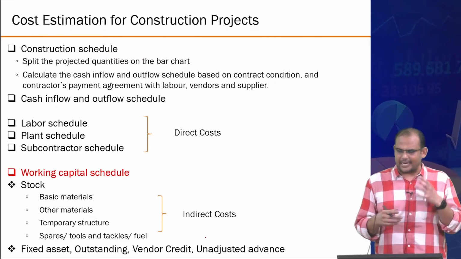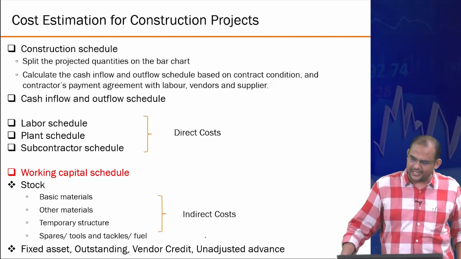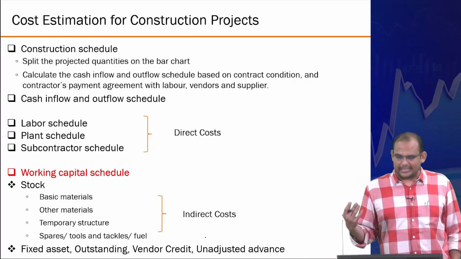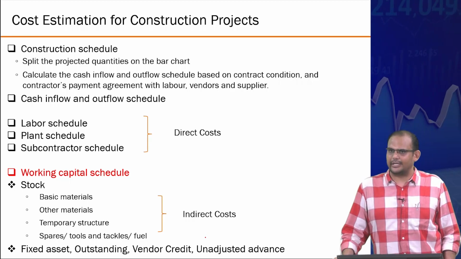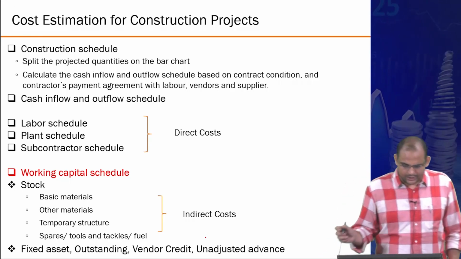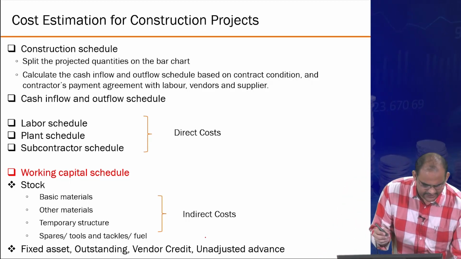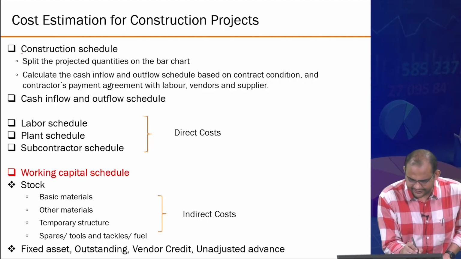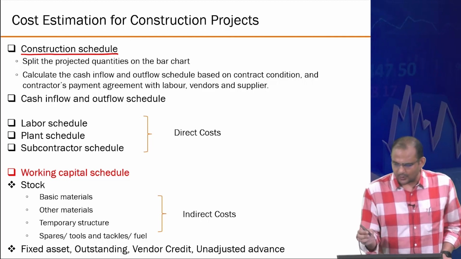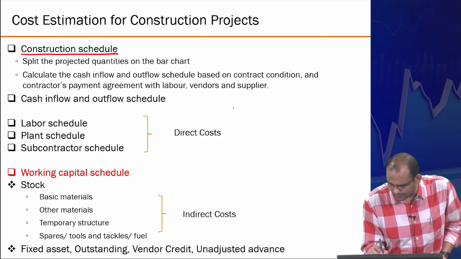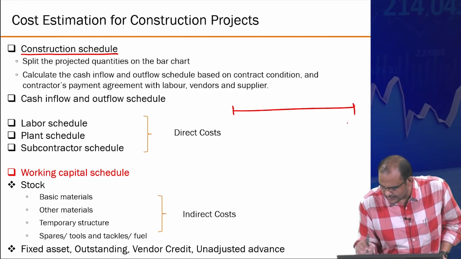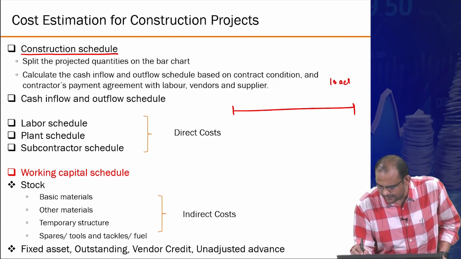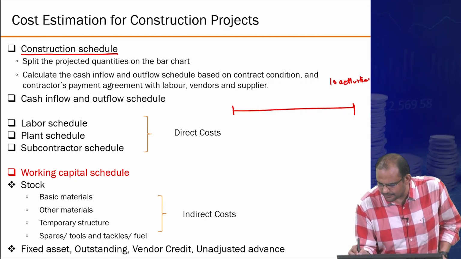I'll just give you some ideas on what kind of information you may need to calculate the typical costs that are involved in a construction project, right? The first and foremost thing is that it starts with a construction schedule. For those who don't know, suppose you have 10 activities to finish in a construction project.